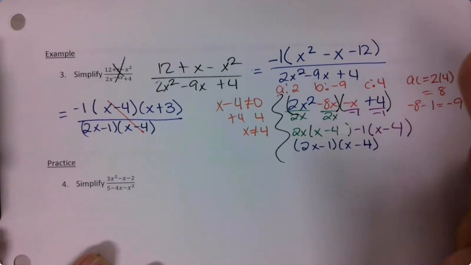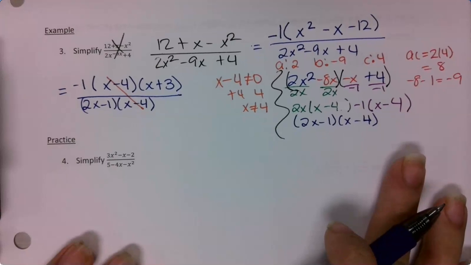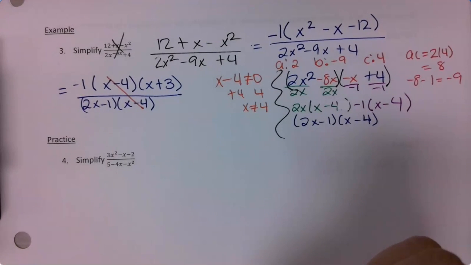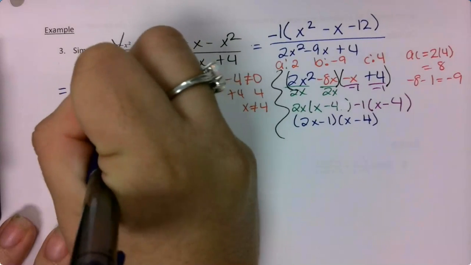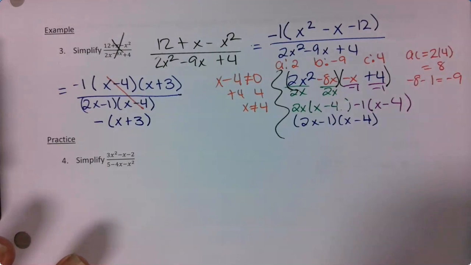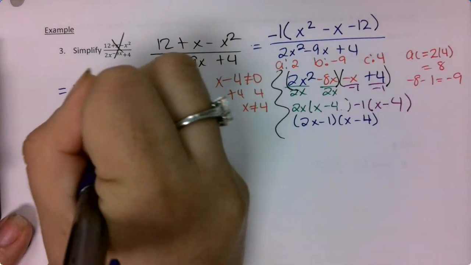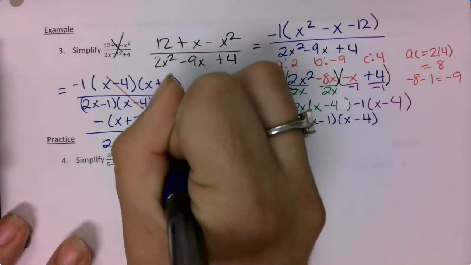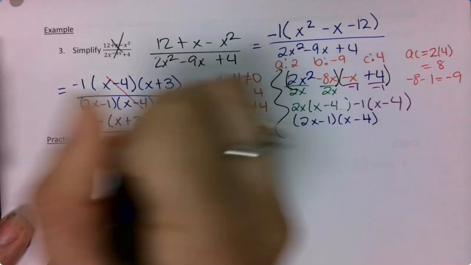Then I just want to rewrite everything that wasn't canceled out. So I'm going to have negative x plus 3. I don't have to write that 1 out front, because negative 1 and negative mean the same thing. Then on the denominator, I just have 2x minus 1. And then I say x can't equal 4.